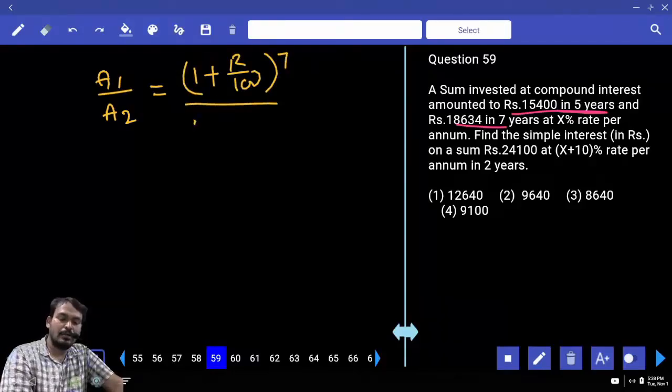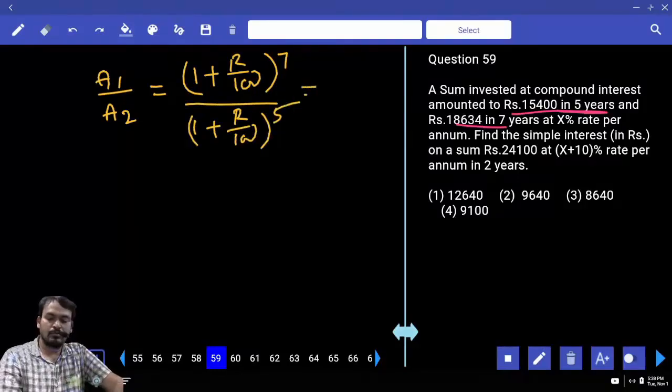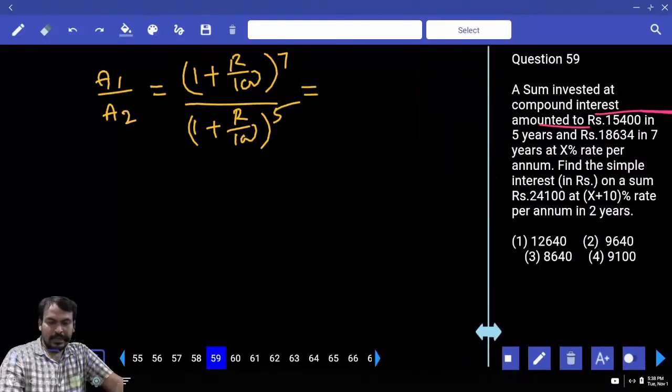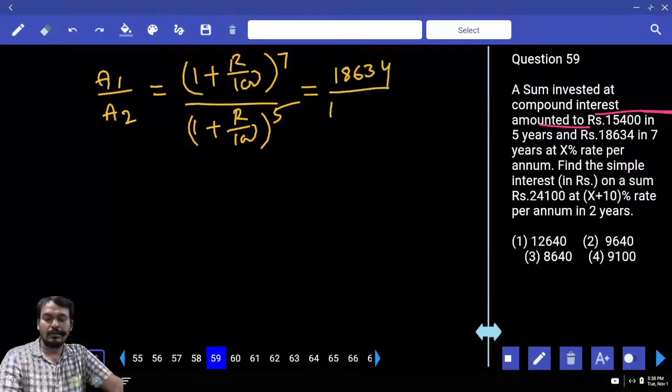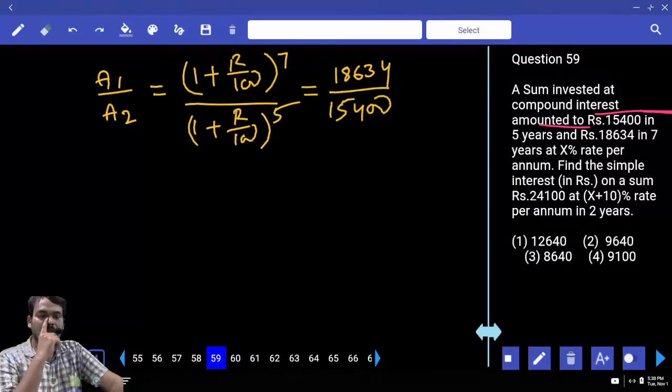Another one is 1 plus R by 100 whole power 5, or not. Okay, that is equal to which one? 18,634 by 15,400, or not.